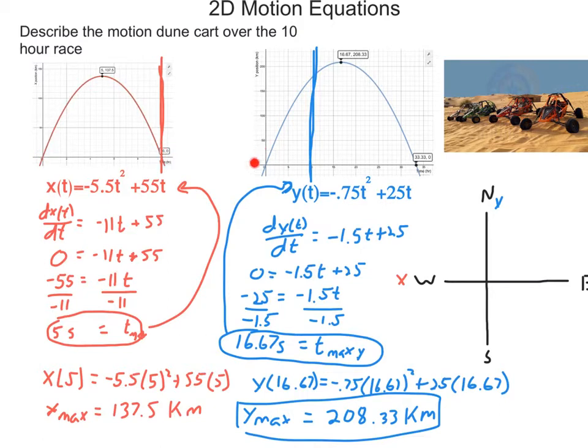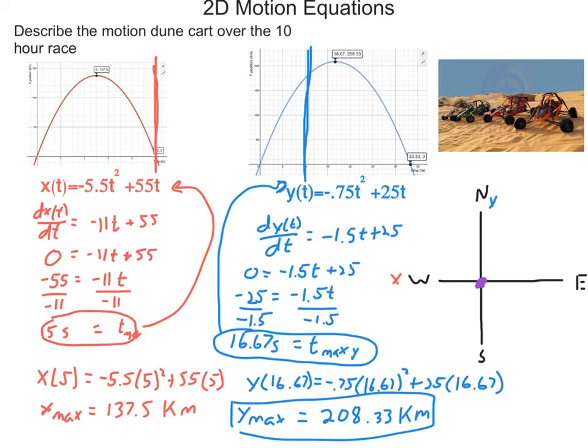But the first point I know I can plot is 0, 0. Now I can say that at 5 seconds here, let's get the little laser pointer, at 5 seconds I was at my maximum x, and I was somewhere up here in y, so I'm just sketching that out. So that's going to be maybe somewhere over here, right? And then at 10 seconds, I'm back here at 0 in x, so x needs to be 0.